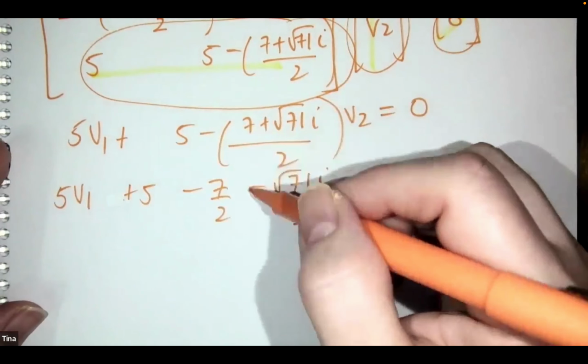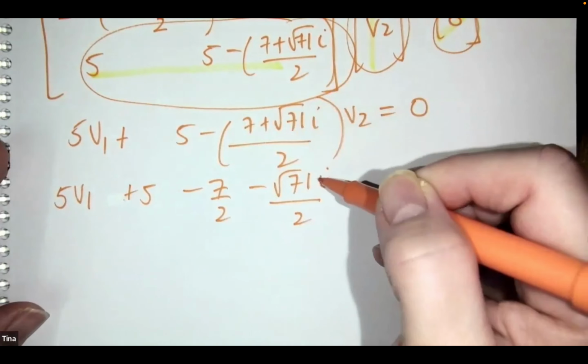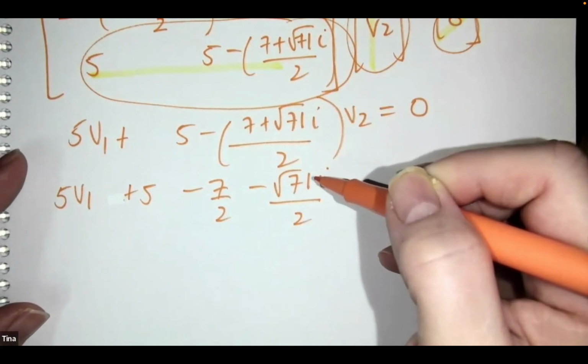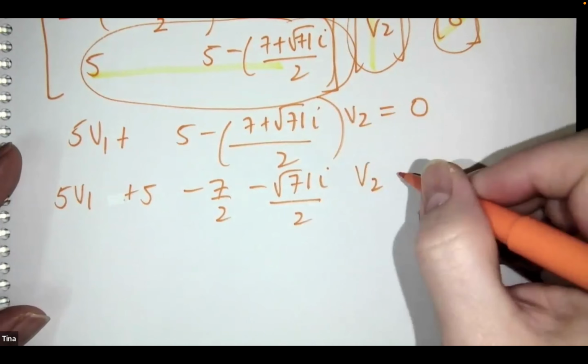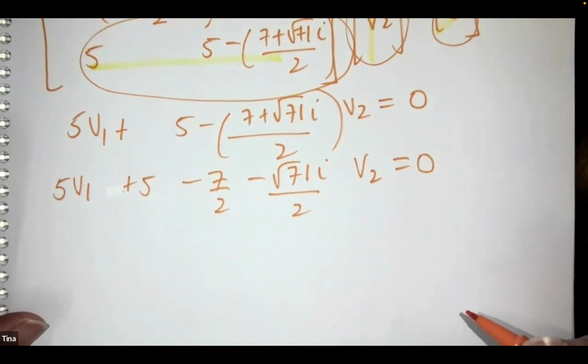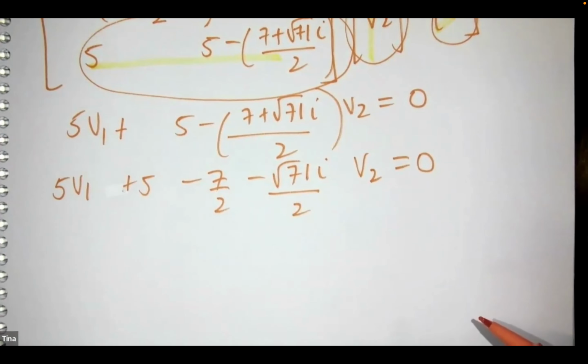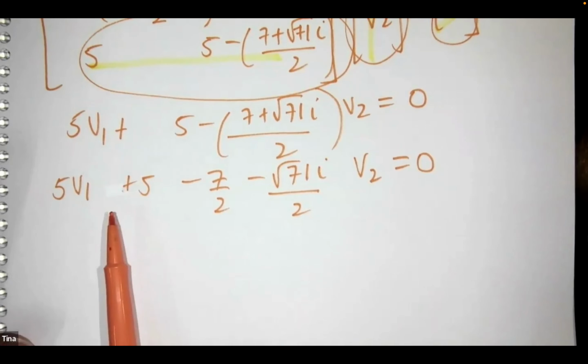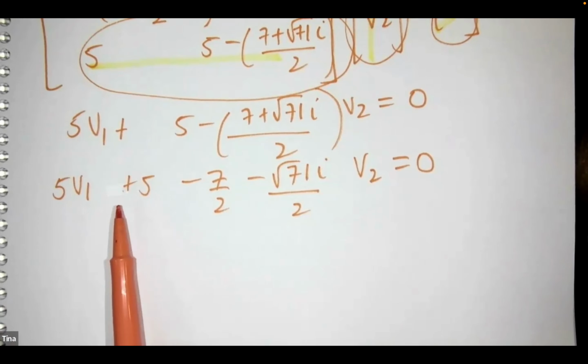So that's 5 minus 7 halves minus root 71i over 2 times v2 equals 0. I'm trying to think if there's a quicker way to do all of this.